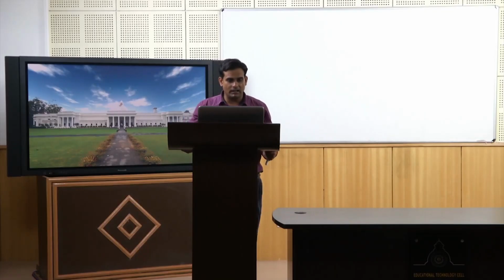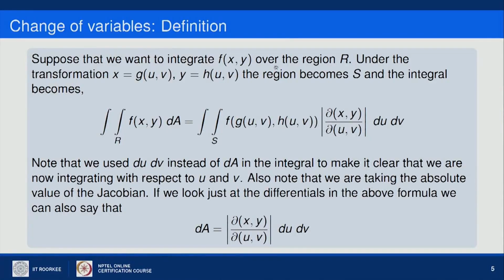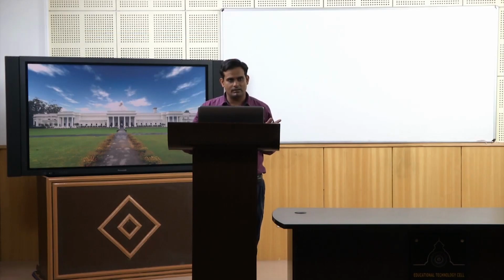In multiple integral, what is change of variable? Suppose we want to integrate a function f of x y over the region R under the transformation x equals g of u v and y equals h of u v, and the region becomes S. Like in a definite integral, where our limits changed, here the region of integration will also change when you make the transformation or change of variables.